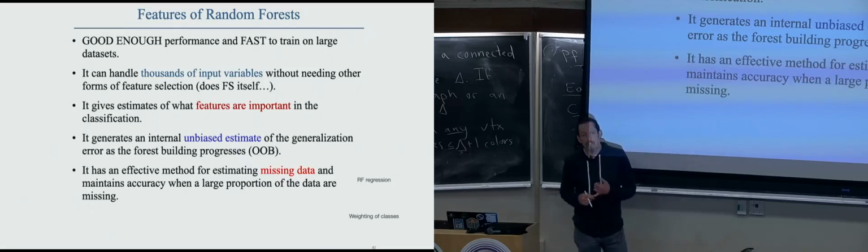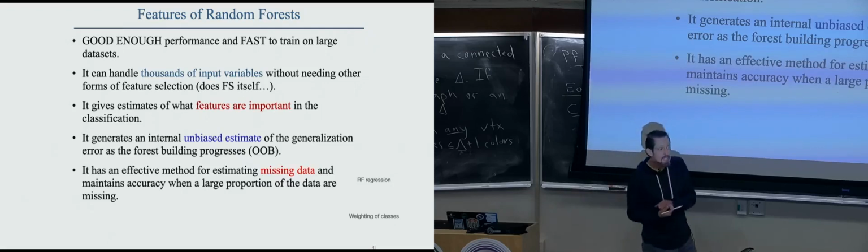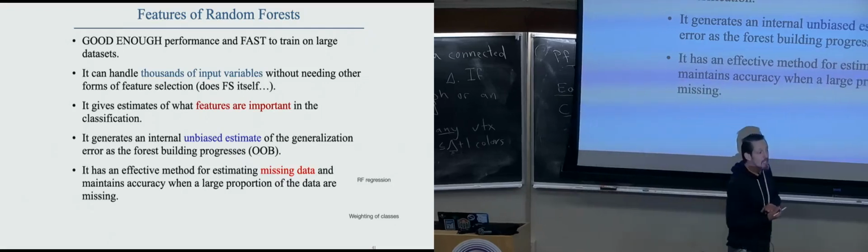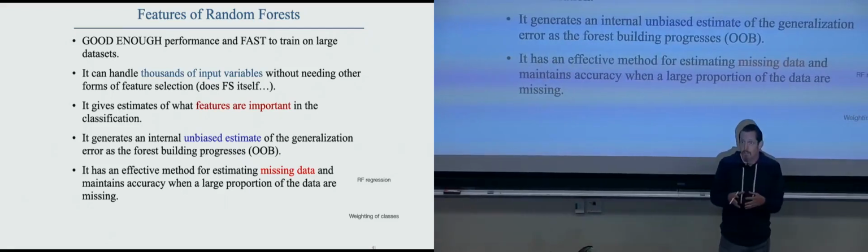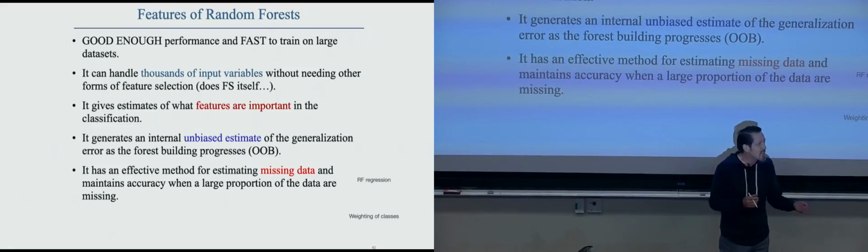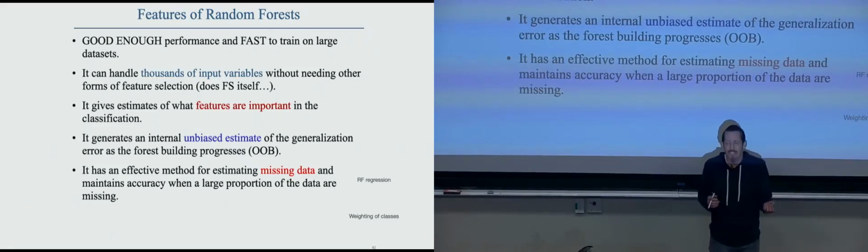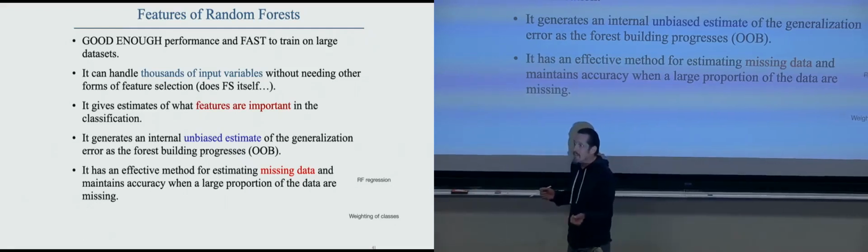So tree-based methods are great when you've got missing data. Many kinds of linear-style algorithms, like a support vector machine, if you've got missing data, you have to deal with it explicitly. If you don't have a measurement, that doesn't make sense in linear algebra, right? You can't just have a blank in a matrix.